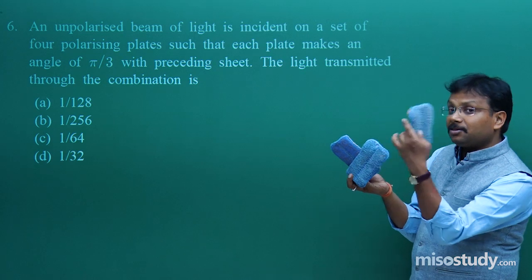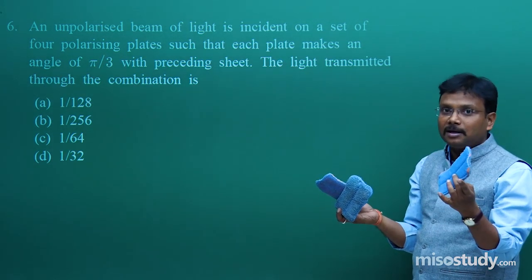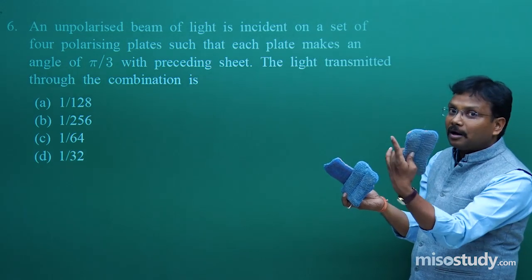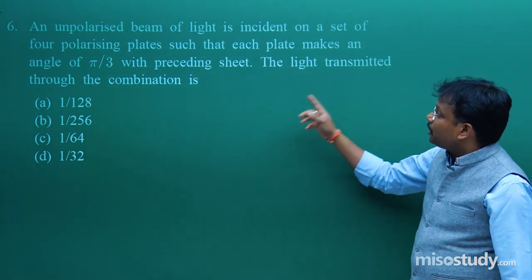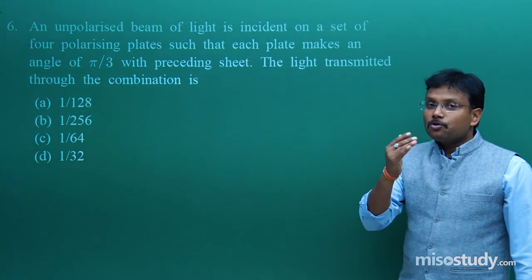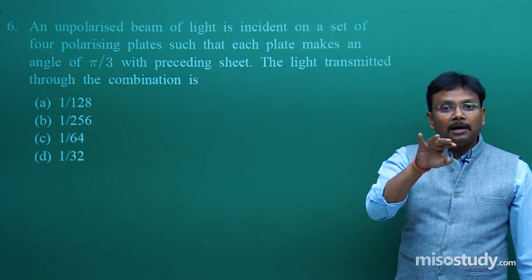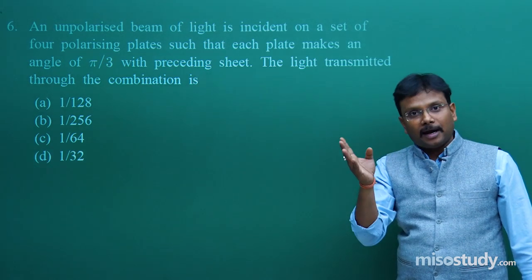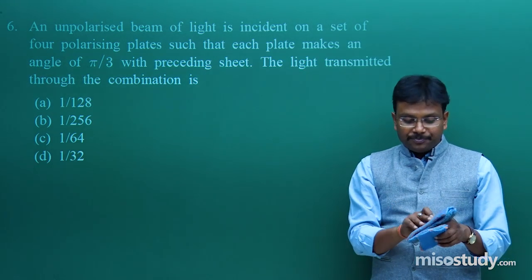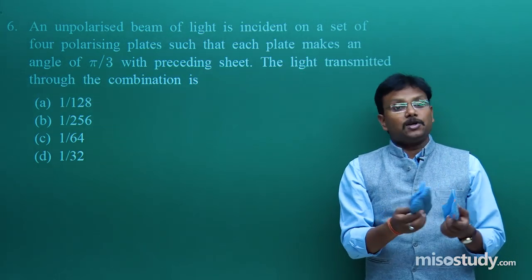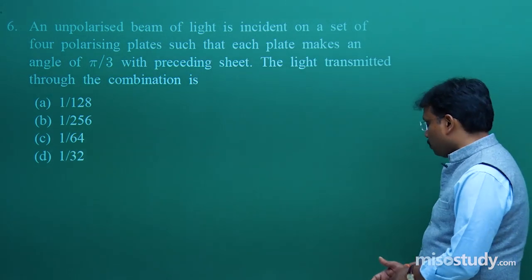So the angle between the third and first is not pi by 3, that is a different angle, and the fourth is with the third making angle pi by 3, fine, very clearly mentioned with the preceding sheet. So second at pi by 3 with first, third at pi by 3 with second, fourth at pi by 3 with third. So keep this simple aspect in your mind, fine. Now with this we are starting our discussion.